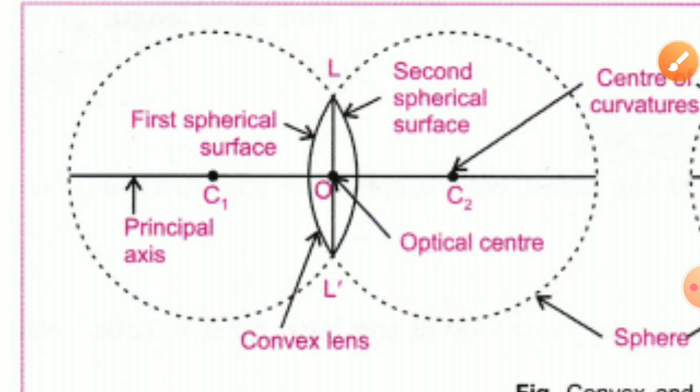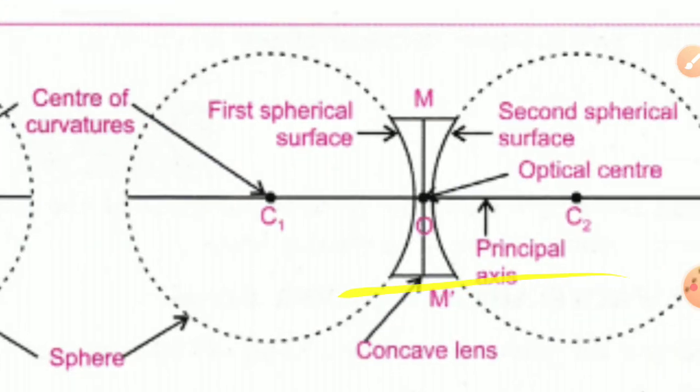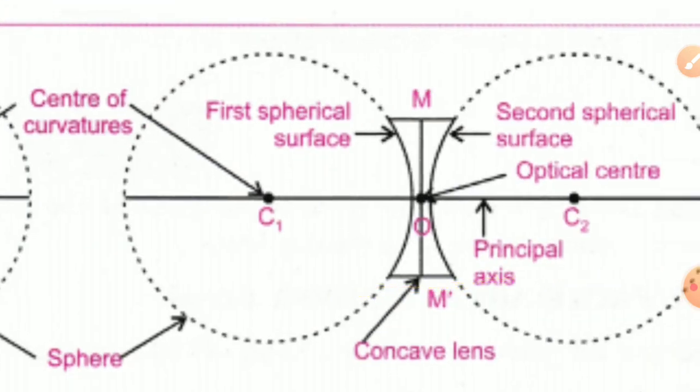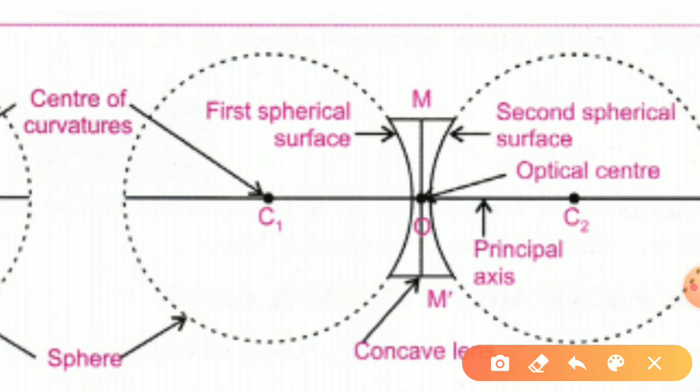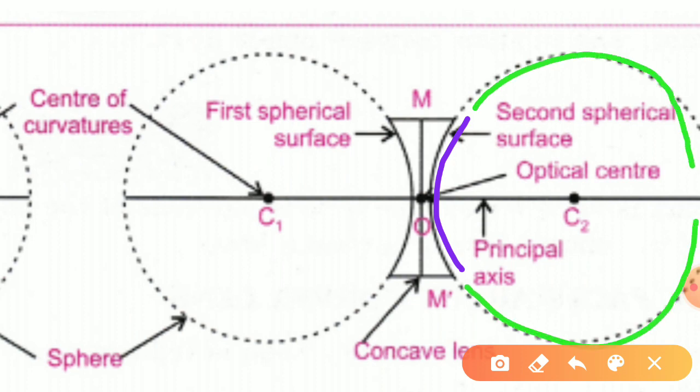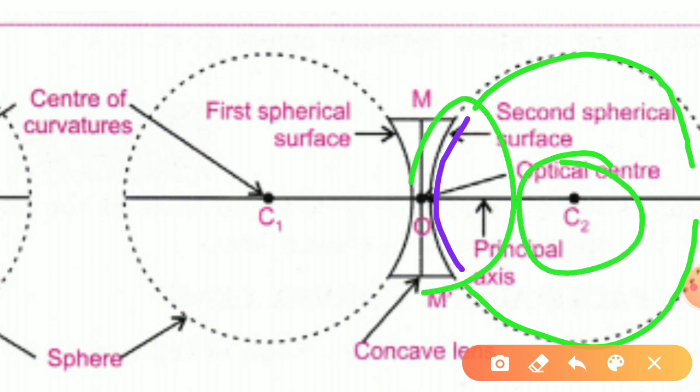Similarly, in the case of a concave lens also, this curved surface may be regarded as if it is a section of this sphere. The center of that sphere of which the curved surface is a part is known as its center of curvature.